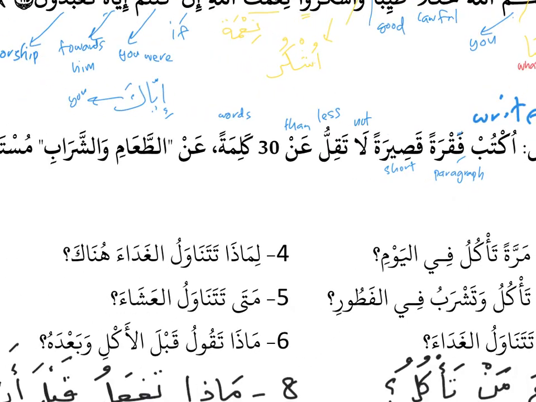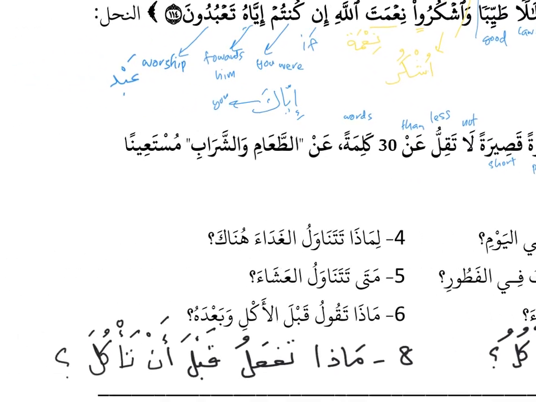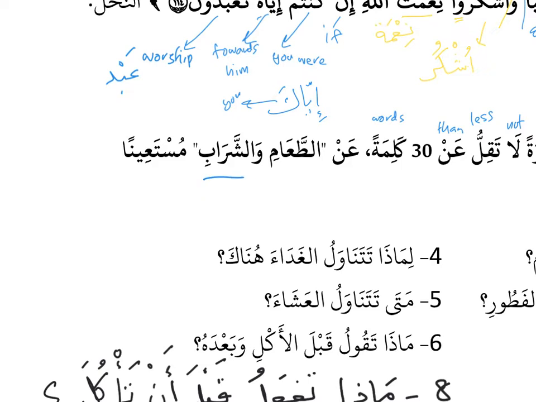Yeah, so do this. An at-ta'am, about this topic, about ta'am, food, and sharab, this is the word for drinks. Sharab is the drink that we drink, that is called sharab. At-ta'am, ash-sharab.